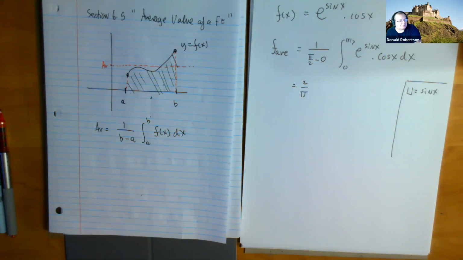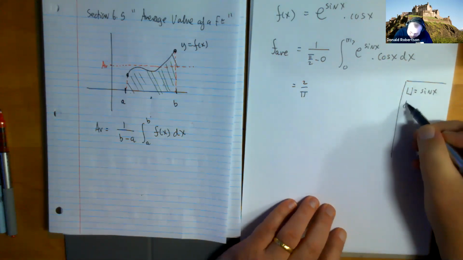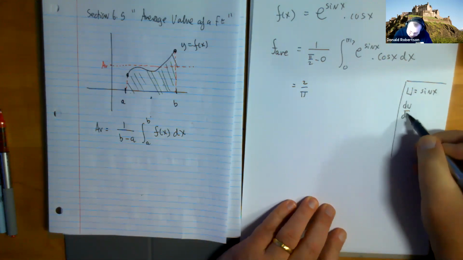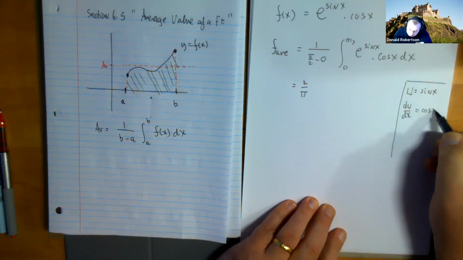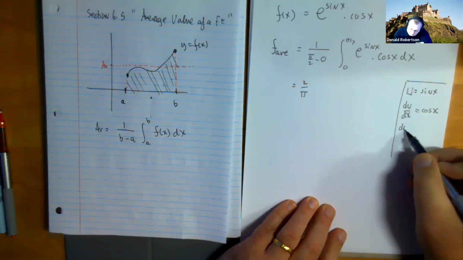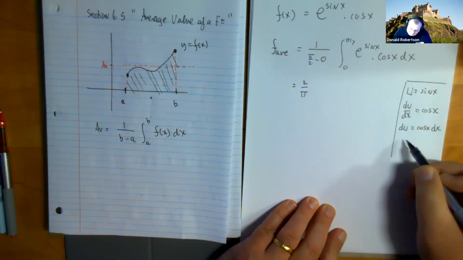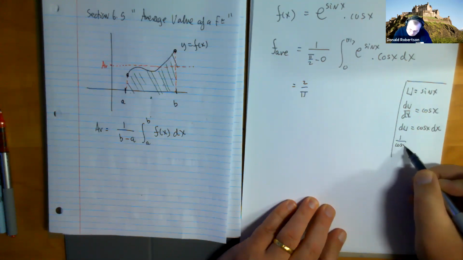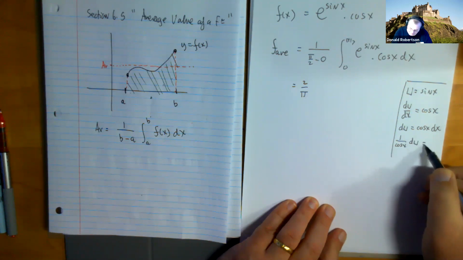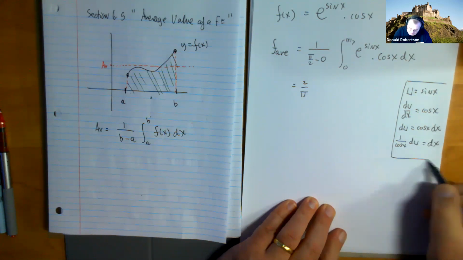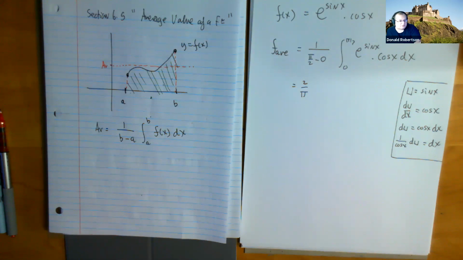Use the ugly guy. So when you differentiate with respect to x, you get cosine. When you do the crossover, and then finally isolate. Good practice, isn't this? It's good practice at U subs.